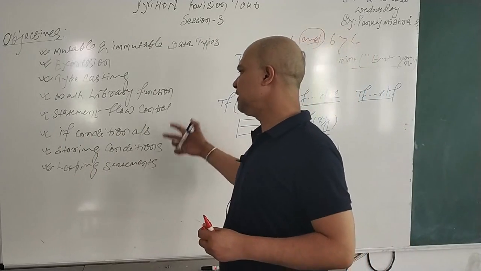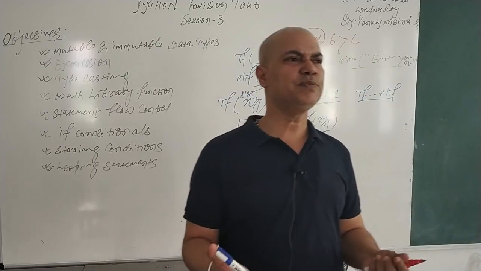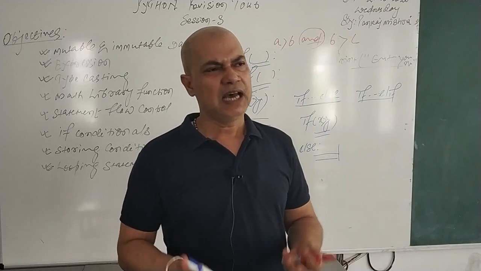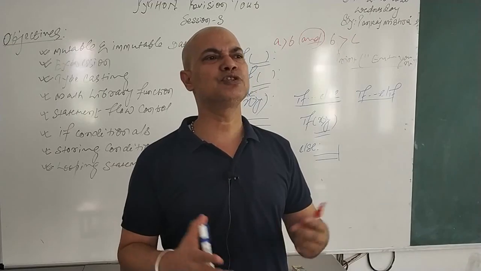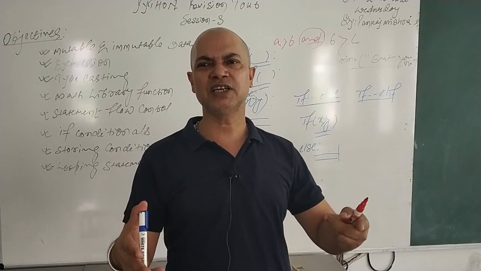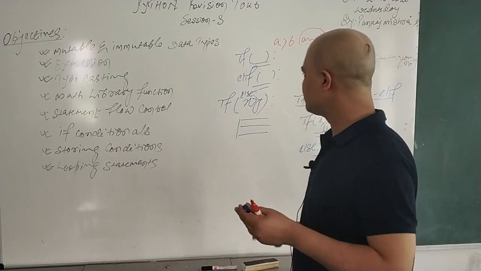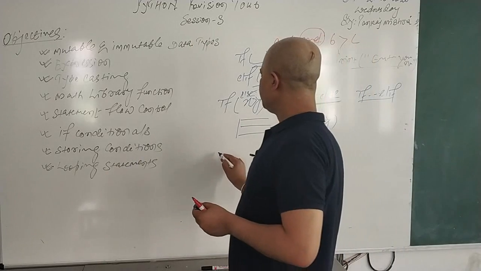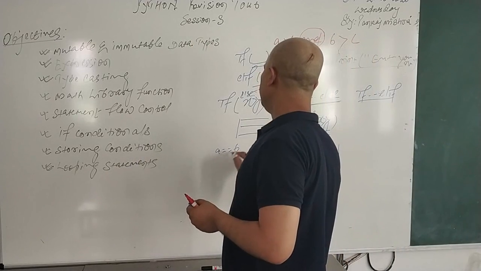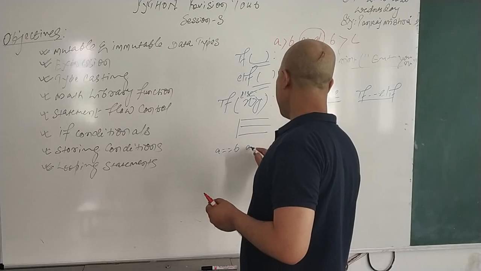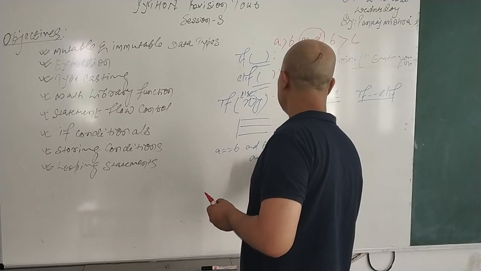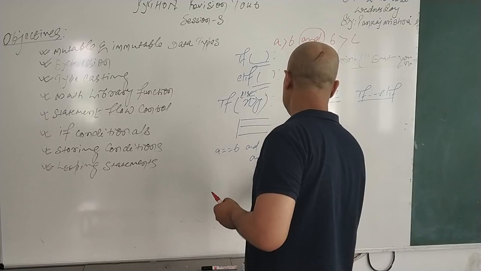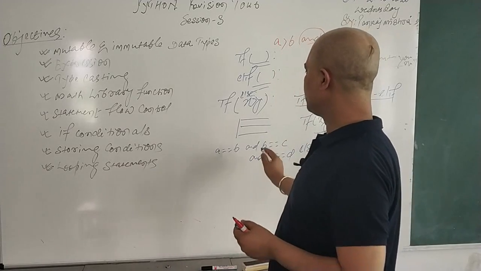Then storing conditions. Now whatever condition we are giving, again and again we are evaluating. Sometimes it seems cumbersome to evaluate a condition again and again. For example, I want A equal to B and B equal to C and C equal to D. This is my condition that I want to check.